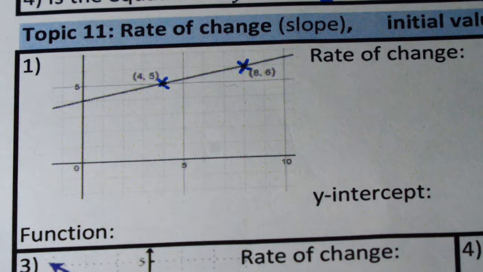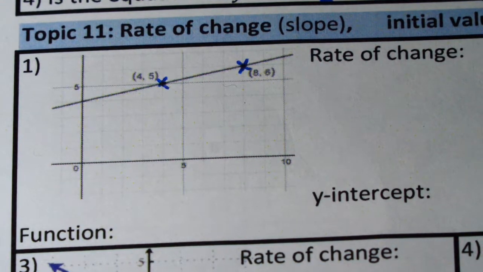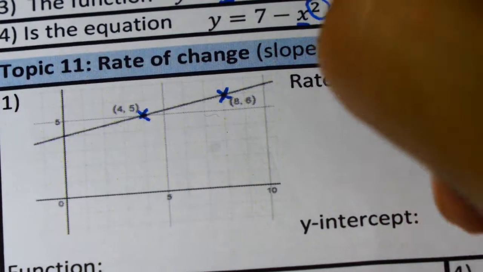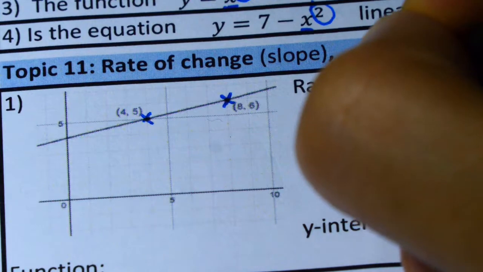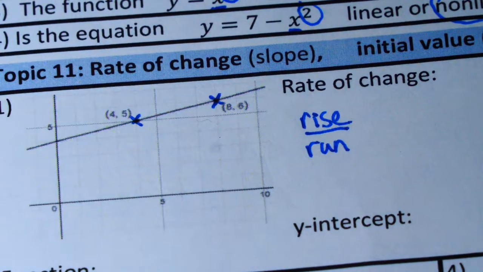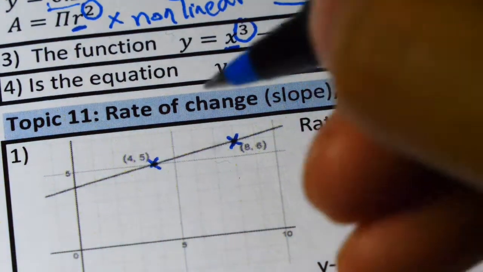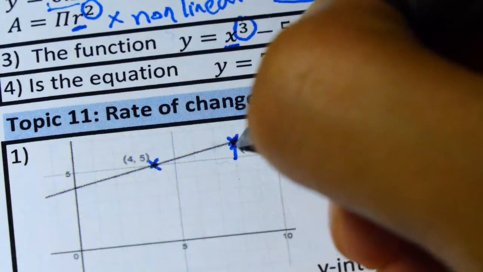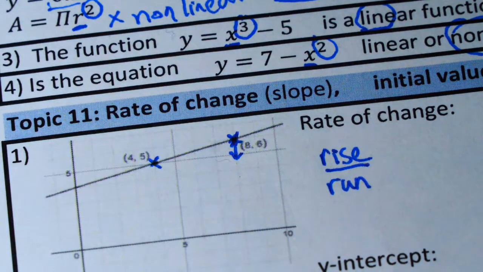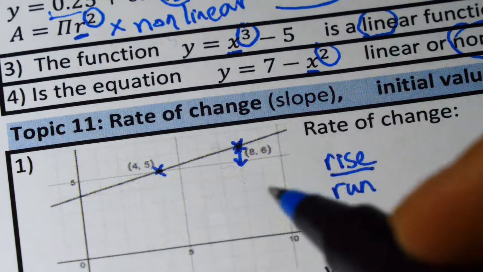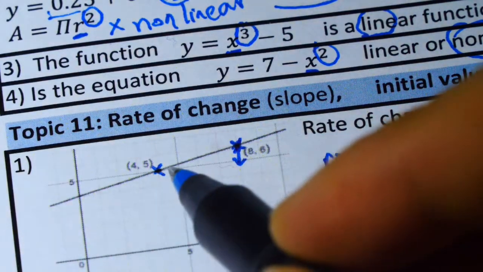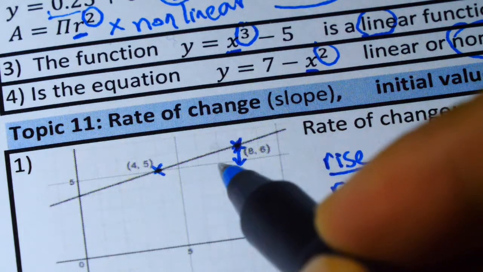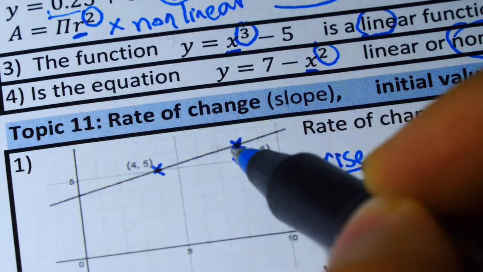Now, there's different ways of remembering how to find the rate of change. If your teacher was Mr. Simon in term 2, he taught you this formula, rise over run. The rise being how much is going up, how much it rises, and the run being how far it's going along this way, in the x direction.